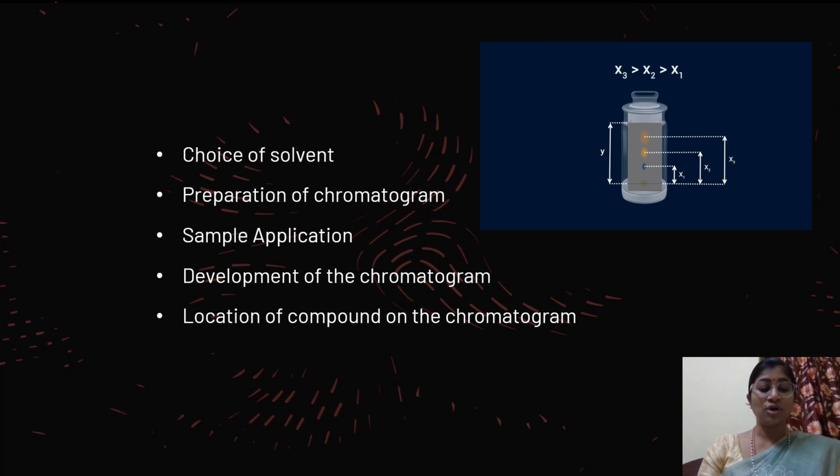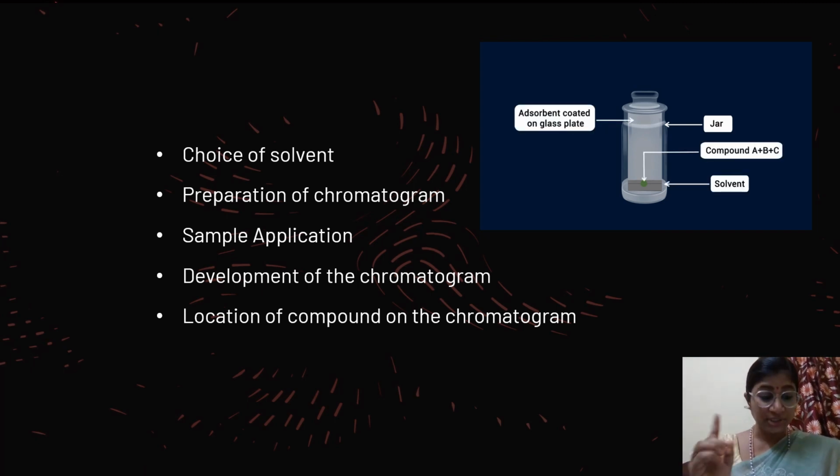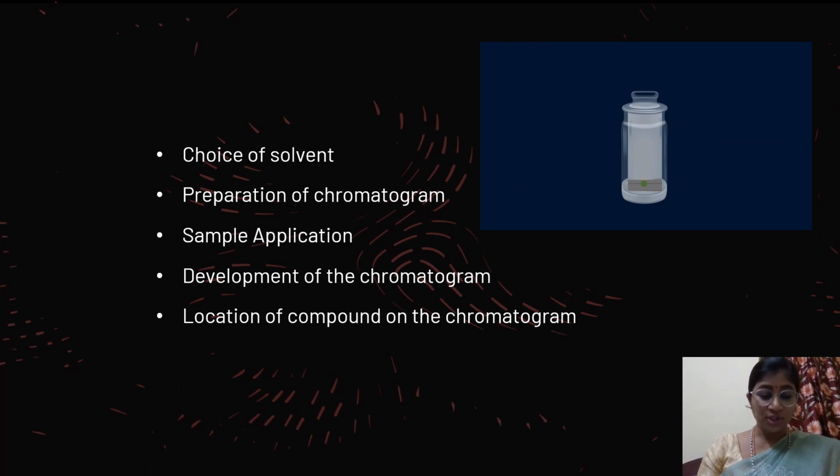The choice of solvent should be such that the position of the compound is halfway between its point of application and the solvent front. A combination of two solvents always gives better separation than a single solvent. The choice is usually made from petroleum ether, carbon tetrachloride, benzene, pyridine, acetone, water, etc.